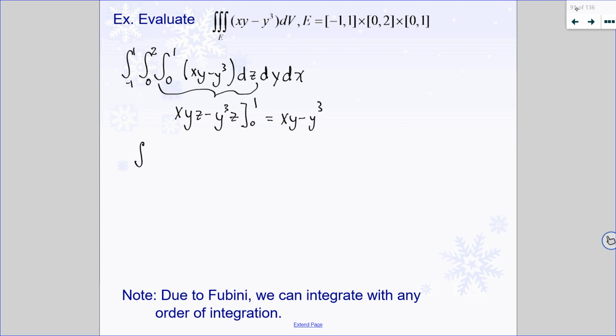Then it's the double integral dy dx, with respect to y.